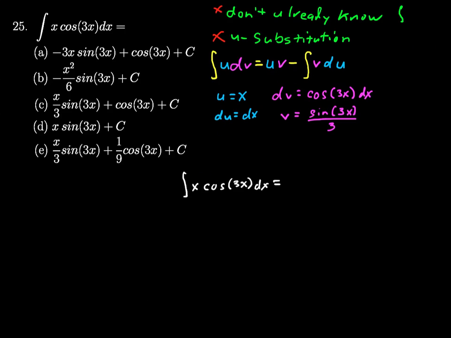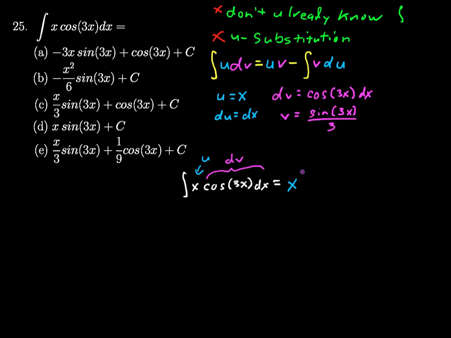So this here is u, this here is dv, like we already set up. So I have u times v. Well, u is x.